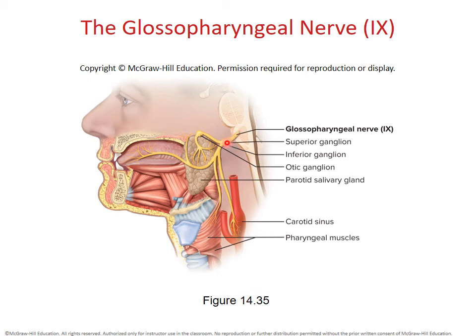Remember, the second largest foramen after the foramen magnum, and it will then spread out and essentially, as you can see, provide motor innervation to muscles of the tongue and throat. Hence the name glosso, which means tongue, and pharyngeal, which means throat, pharynx.